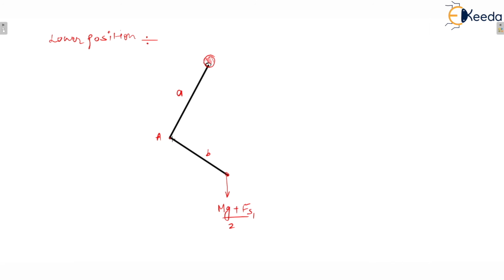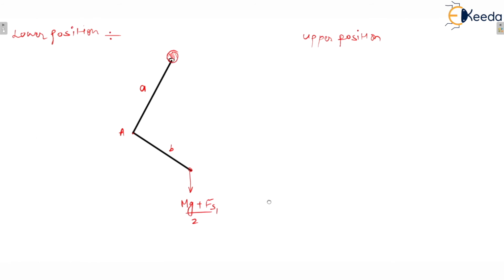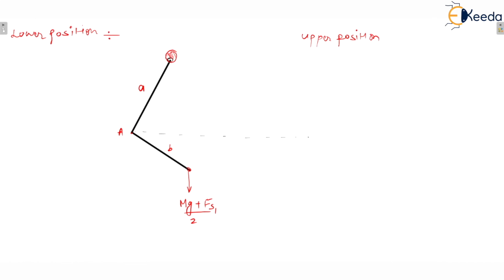Now I'm going to show you the upper position of the sleeve, that means when the sleeve moves in the upward direction. So the upper position would be like that. When the sleeve moves in the upward direction, the position would be like that.